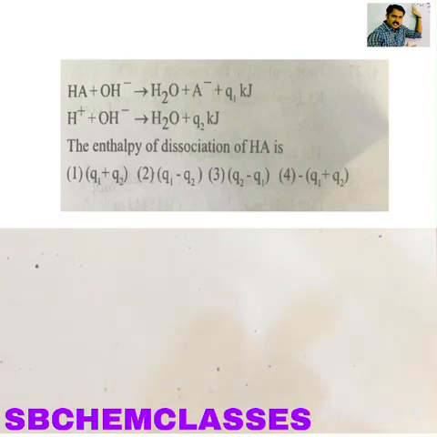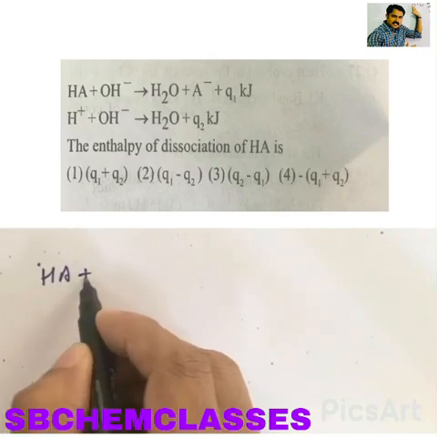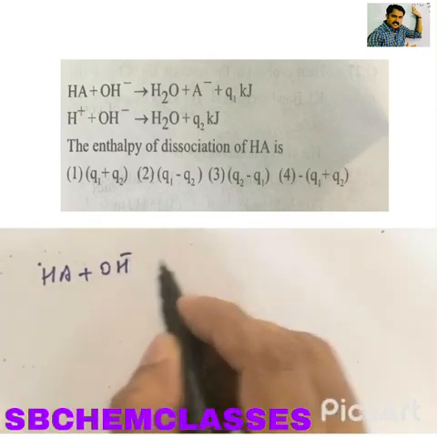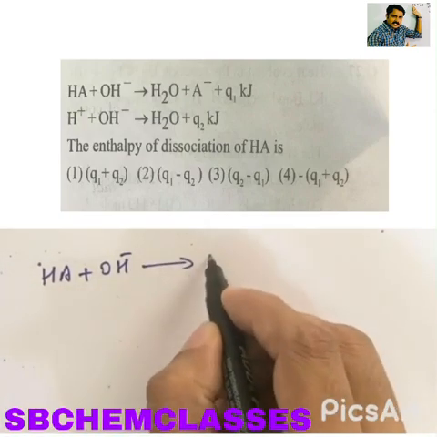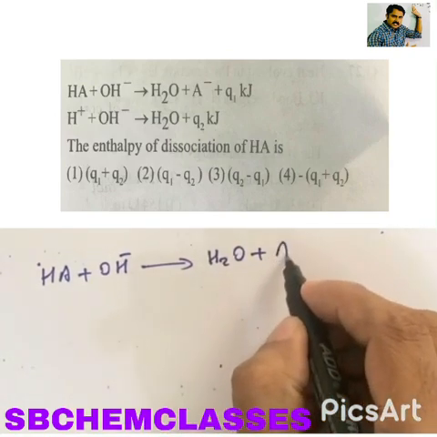HA plus OH minus becomes H2O plus A minus plus Q1 kilojoule. H plus OH minus becomes H2O plus Q2 kilojoule. We need the enthalpy of dissociation of HA. I am writing the reaction: HA plus OH minus becomes H2O plus A minus.